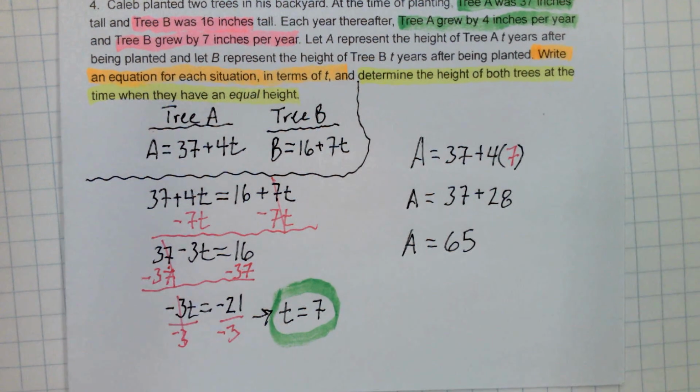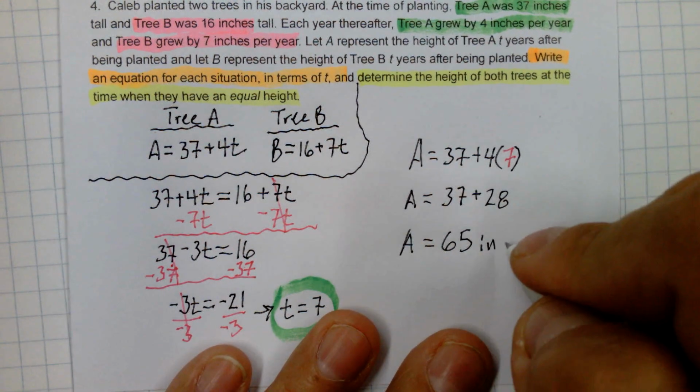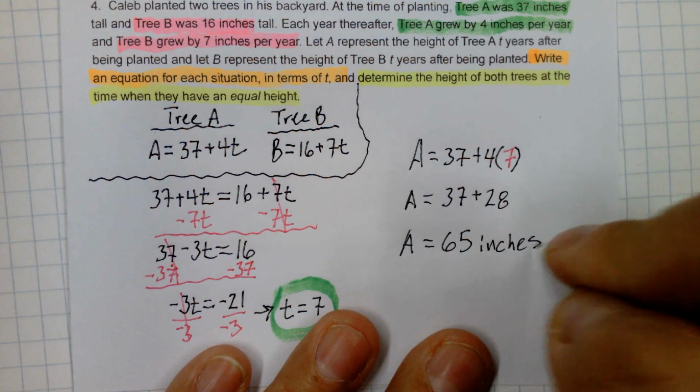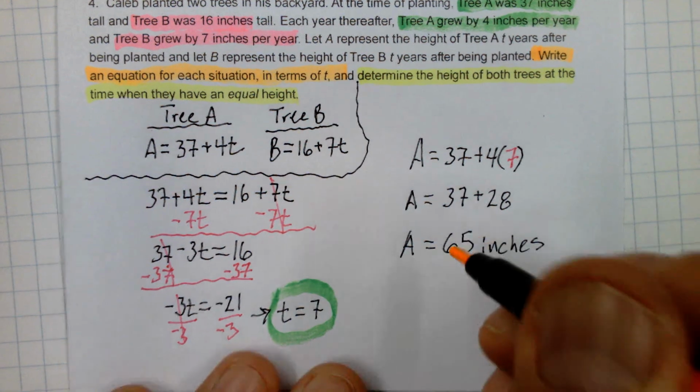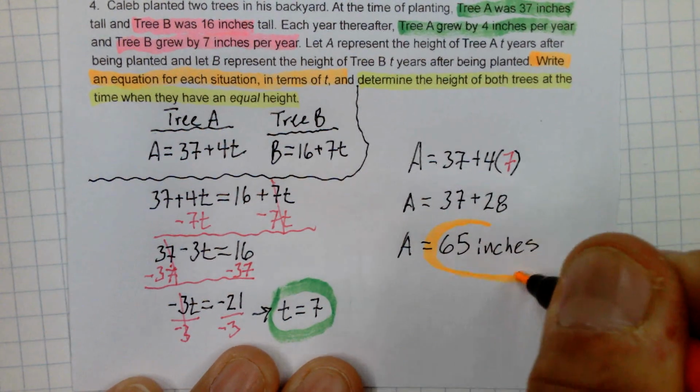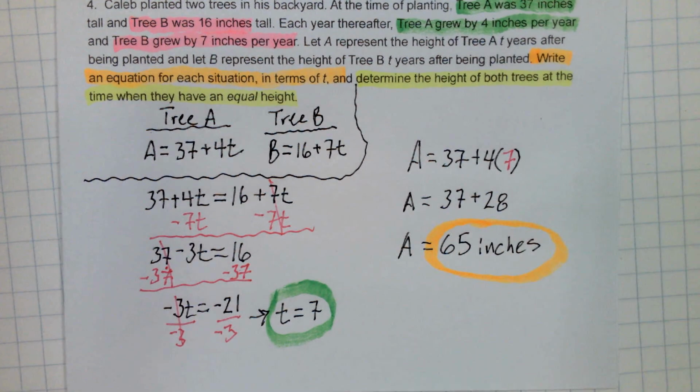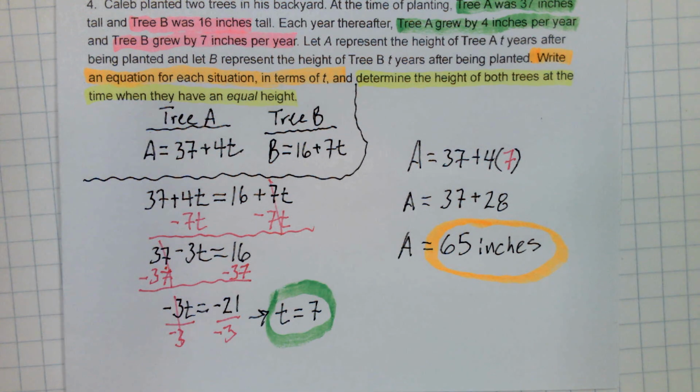And what were the units? Inches. 65 inches. So this is the part we needed to answer. After 7 years, both trees will be 65 inches tall. Okay? Any questions?